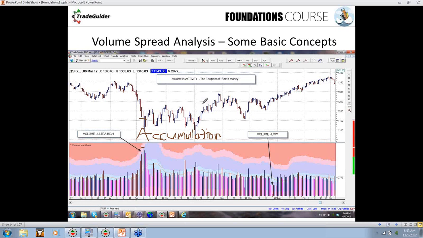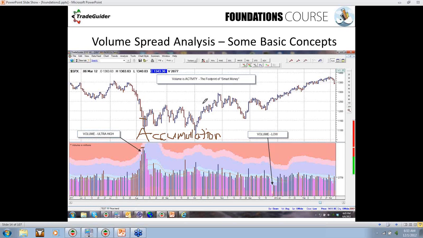So smart money accumulates as markets fall. Point two, professionals or smart money distribute or sell as prices rise. That's a very important statement. And once you understand, you'll start to think like a smart money trader yourself.